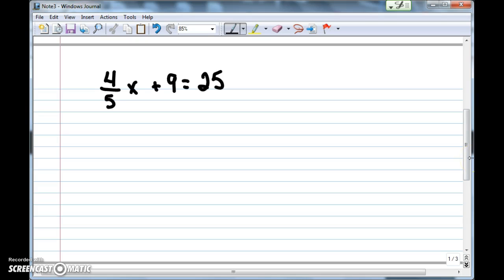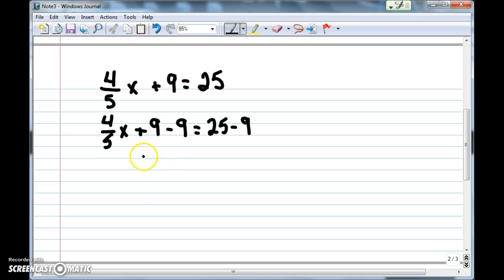The first step is to understand what this means. 4/5 x means 4/5 times x, and then we're going to add 9 to it equals 25. Our first step again is to get this term with the x by itself. So we want to take 4/5 x. This is plus 9, so we want to do the inverse of adding 9, which is subtracting 9, which is 25 minus 9.